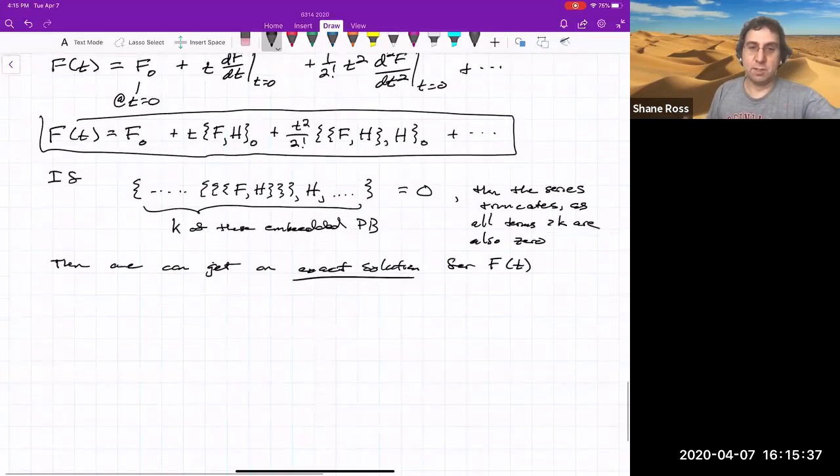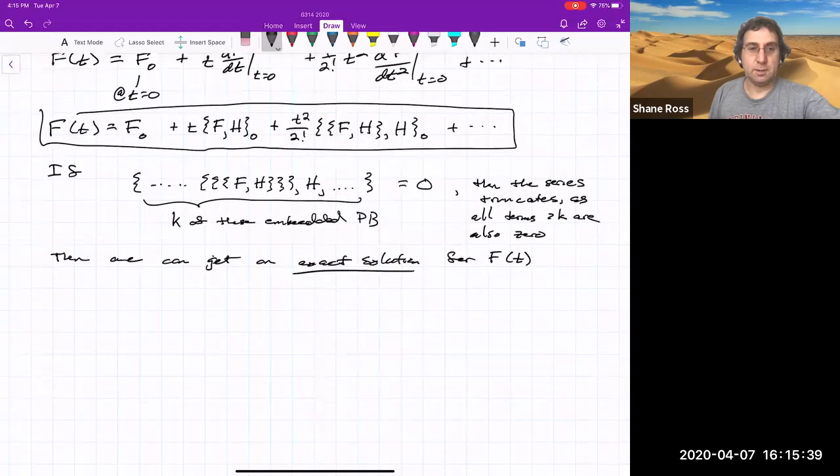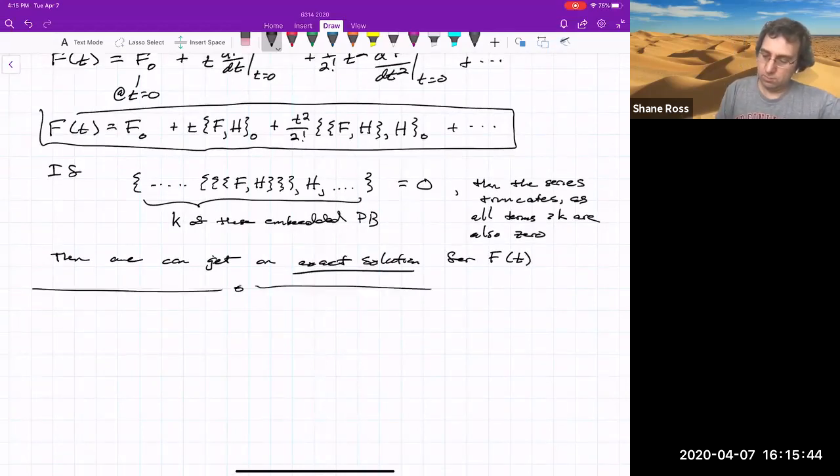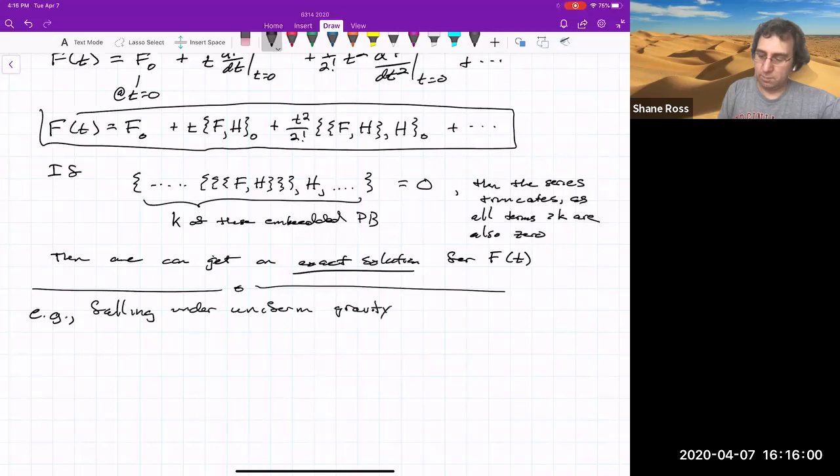But we can give an example of this. This is one of Newton's favorites. Falling under uniform gravity. It is not one of mine.